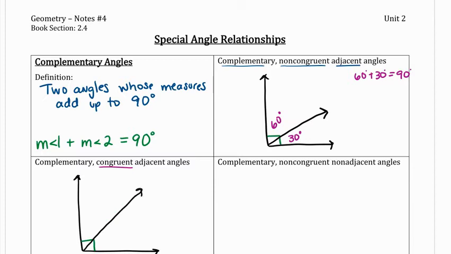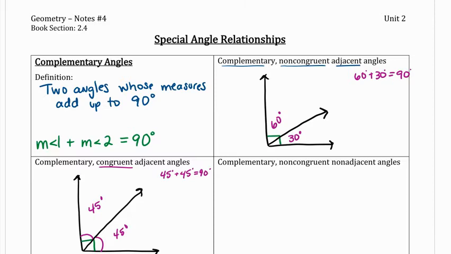So I'm going to put my ray there right in the middle and make it a bisector. And this time our two angles would both be 45 degrees. So this time those two angles are congruent, right? They're both 45 degrees. They're adjacent because they share that side in the middle, and they're complementary because 45 degrees plus 45 degrees equals our 90 degrees.